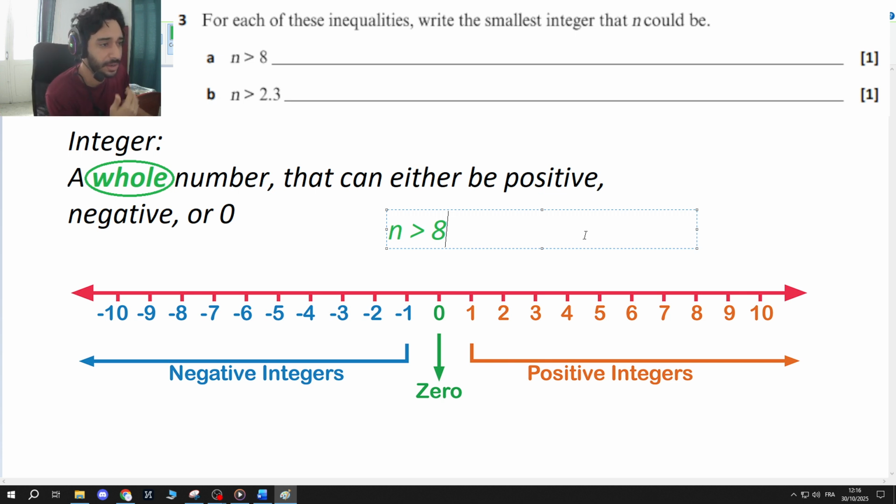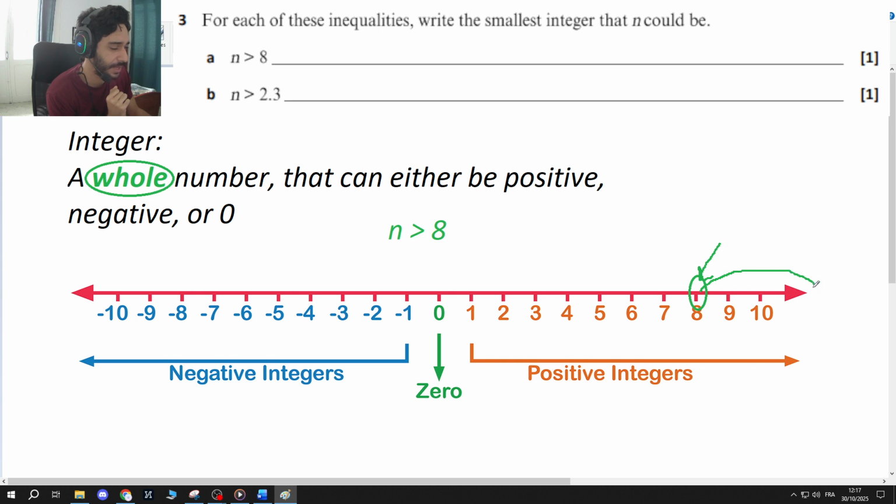So if you look at our number line here, n should basically start right here, but it's not going to be exactly 8. It's going to be what's after 8. Now, what are all the possibilities for this integer? It's actually infinite possibilities, right?